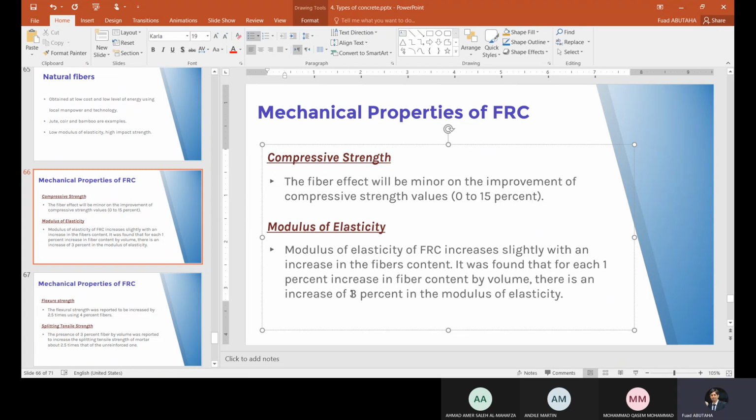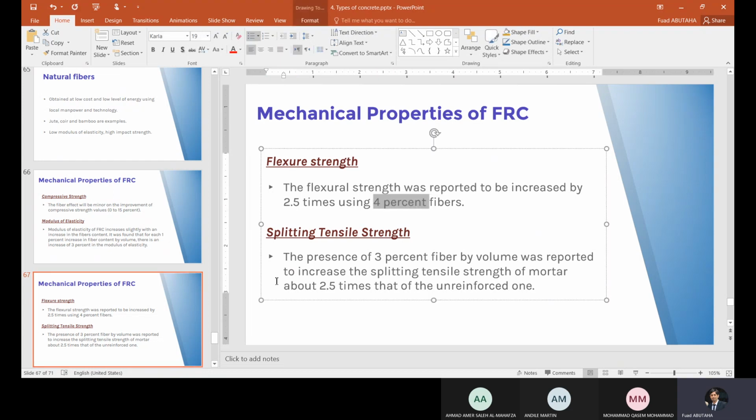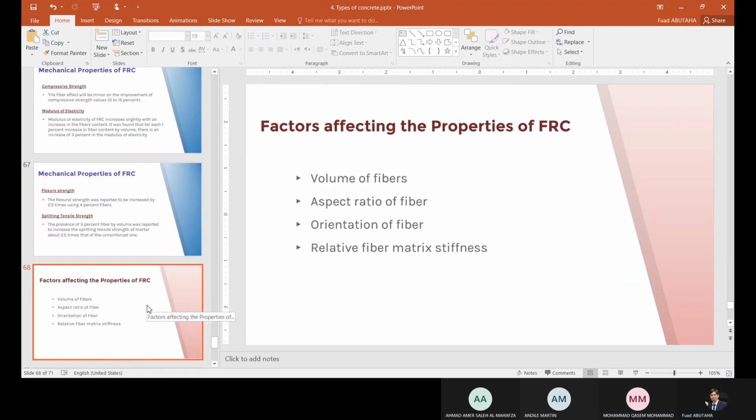It can go up to 3% contribution to the modulus of elasticity of the concrete, while flexural strength can also be increased up to 4% when we are using fibers in the mix. The same contribution applies to the splitting tensile strength of the concrete.